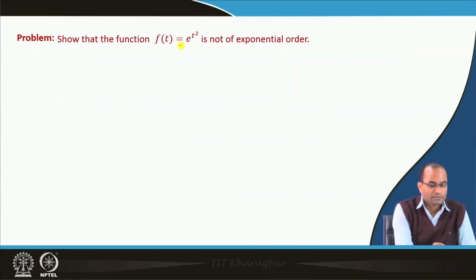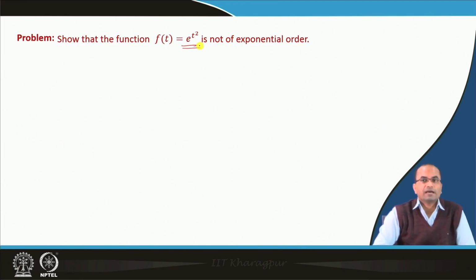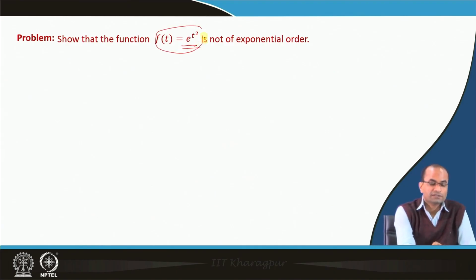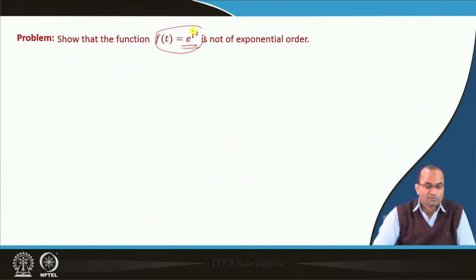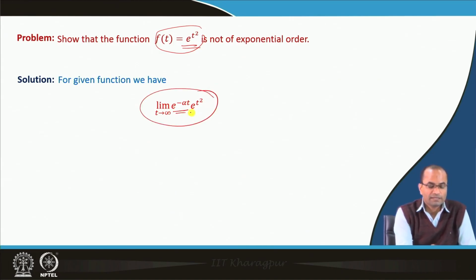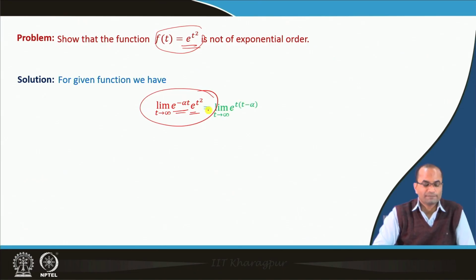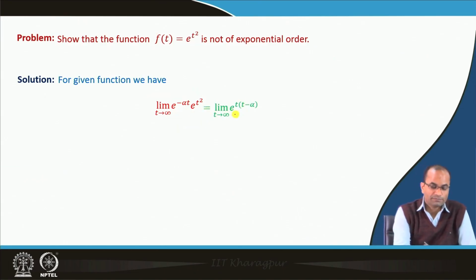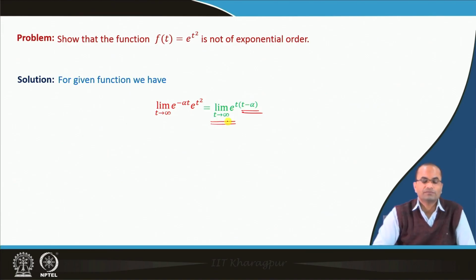And for instance, this e power t square, which we have also discussed before, that the Laplace integral does not exist if we take this function e power t square. So, in this case we will show that actually this function is not of exponential order. So, for this given function, if we try to compute e power minus alpha t with this e power t square, then what is happening here, e power t times t minus alpha, and we are letting this t go to infinity.